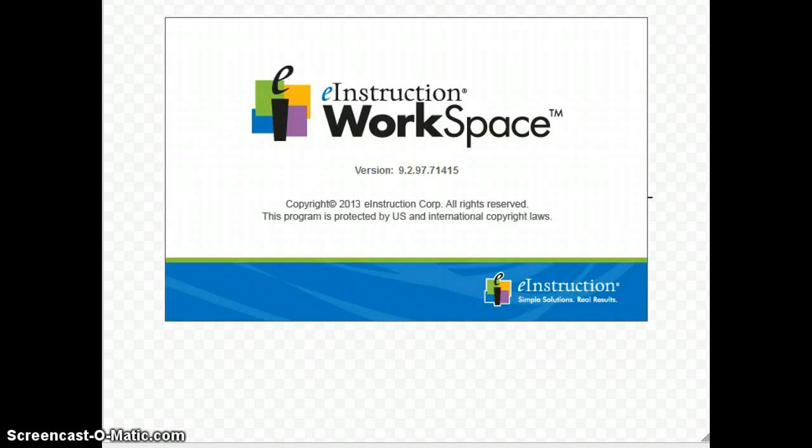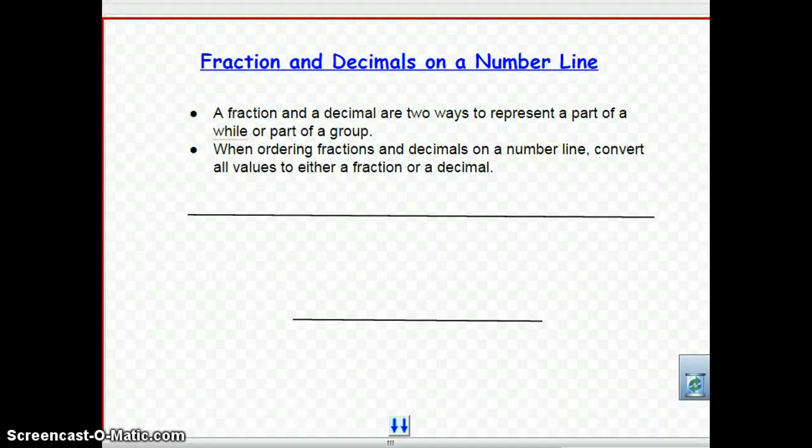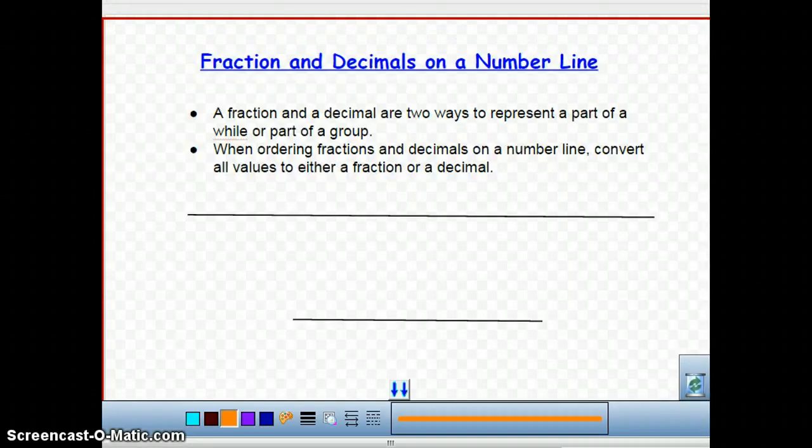One thing I'm going to show you right now is two lines. I'm going to create a number line, and the top one I'm going to make in tenths.